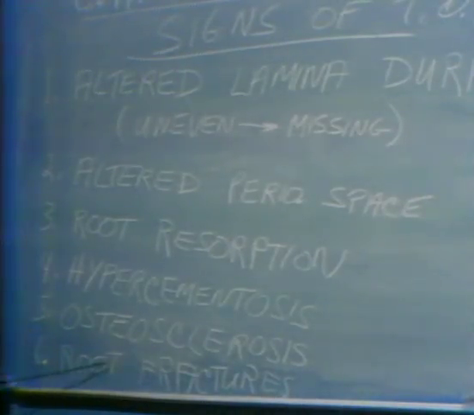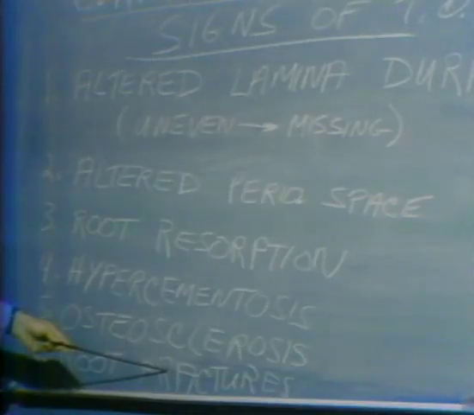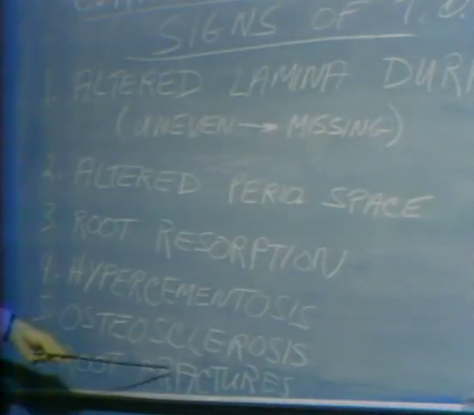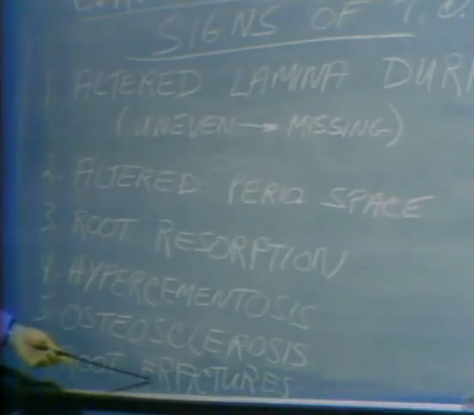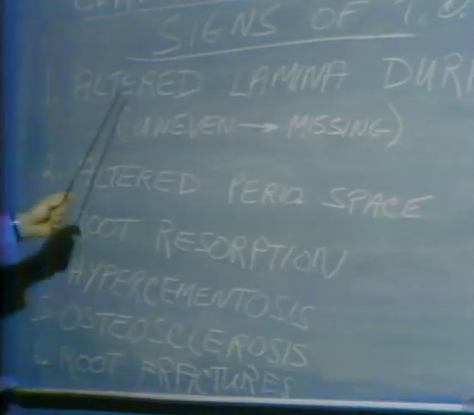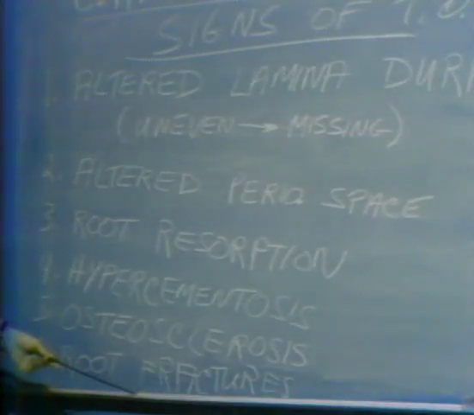Number 6, sometimes the trauma from occlusion is severe enough that we will note root fractures of the teeth themselves. And sometimes we'll note pulpal calcification as a result of trauma from occlusion. Well, so much for a brief outline of what we see radiographically.